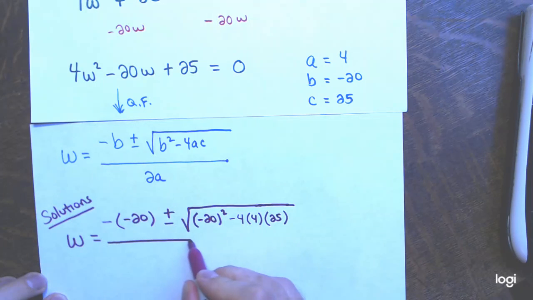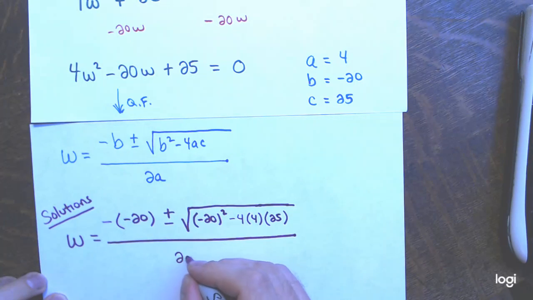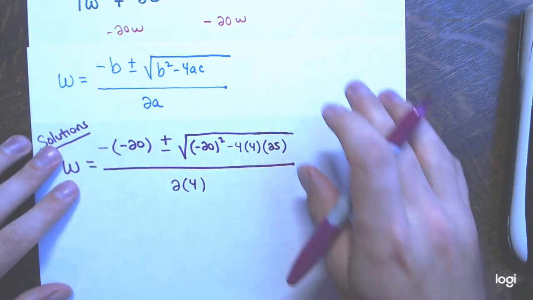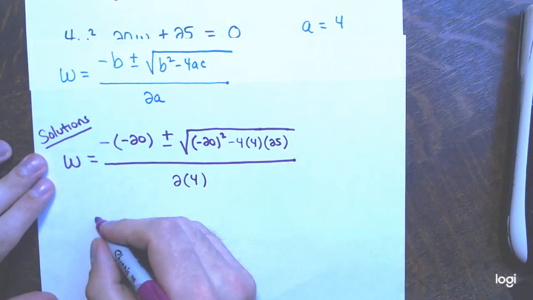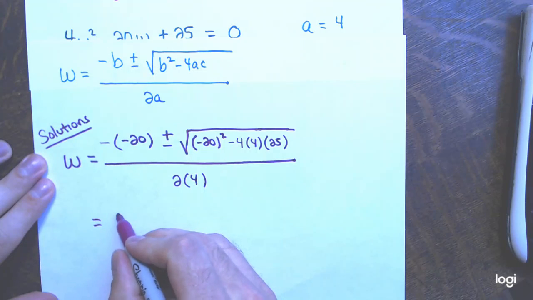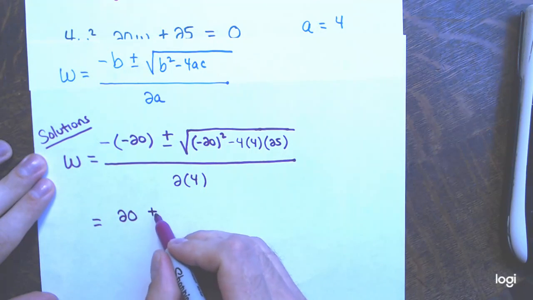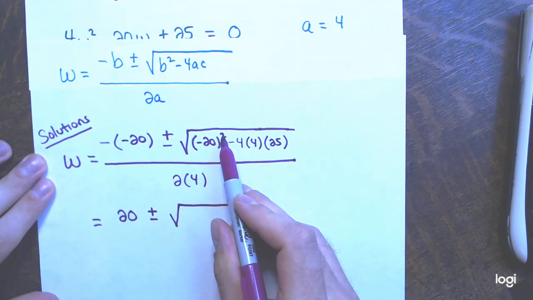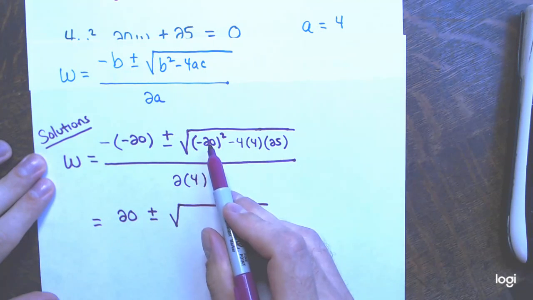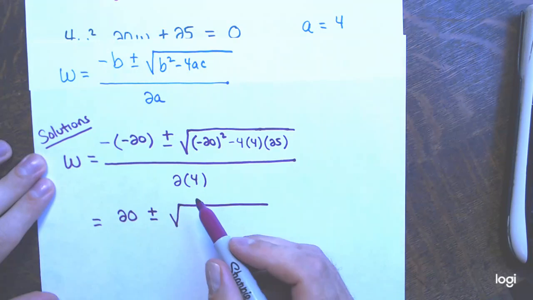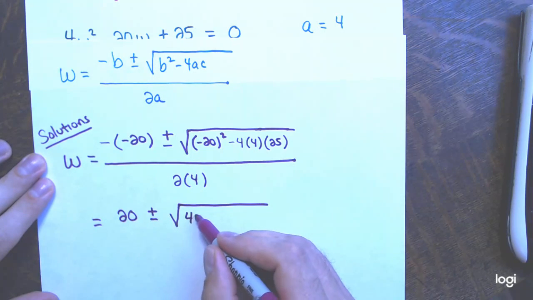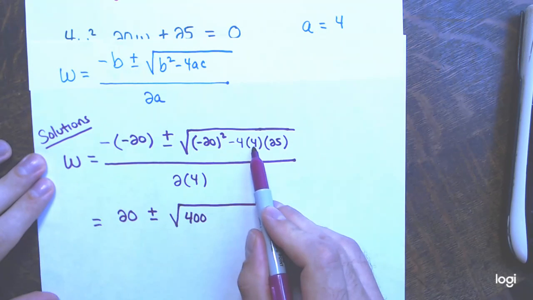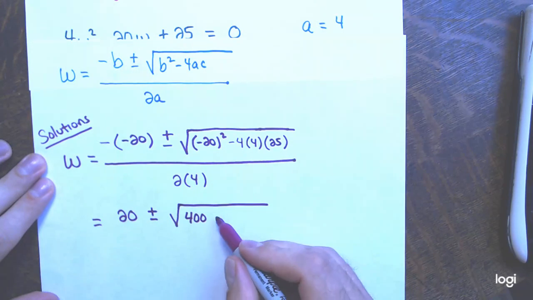And then all of this divided by 2 times a, or 2 times 4. And then, of course, we simplify. So the opposite of negative 20, 20, plus or minus the square root. Negative 20 squared will be positive, always non-negative when you square a real number. 400. And we have minus, negative 4 times 4 is negative 16, times 25 would be negative 400.